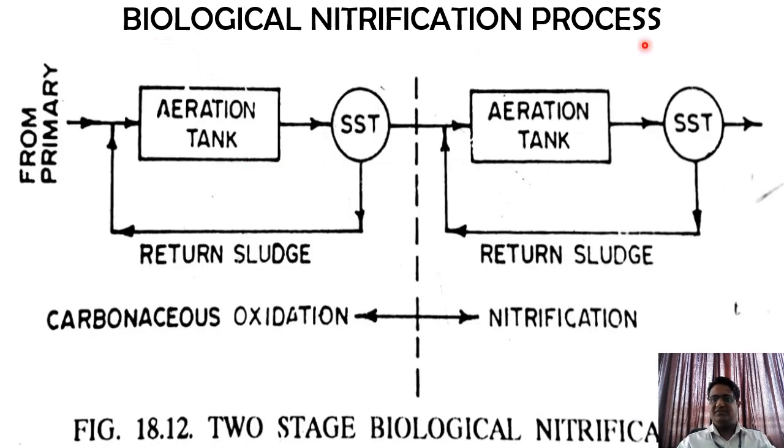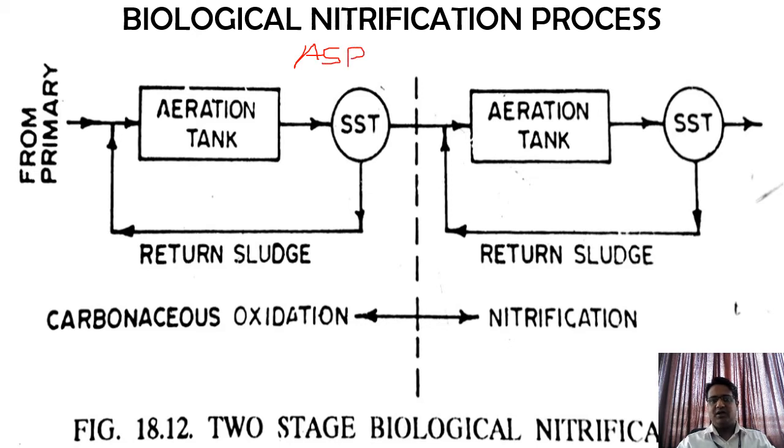Biological nitrification process. Let us first go through this flow chart. From the primary treatment we have an aeration tank, then a secondary settling tank, then again an aeration tank and a secondary settling tank, and sludge is being returned. Basically it is your activated sludge process that they are explaining.